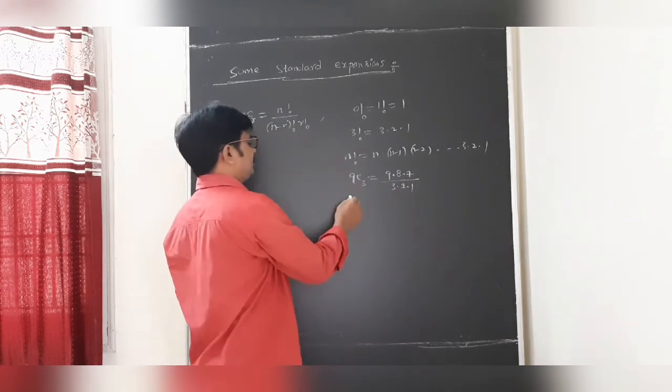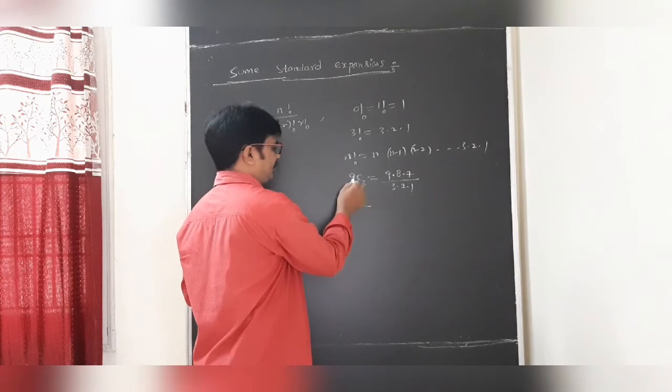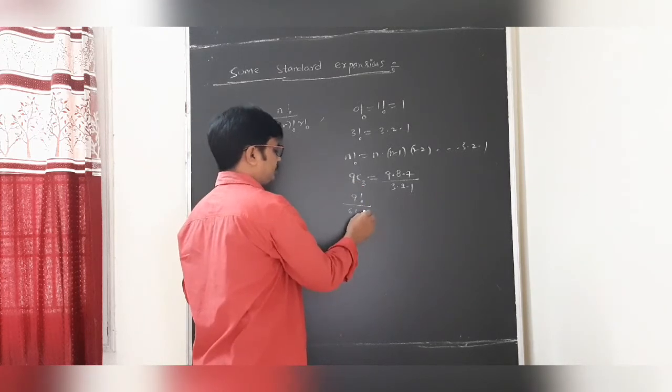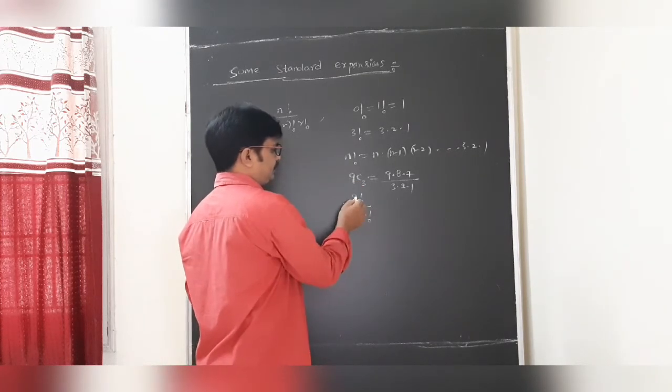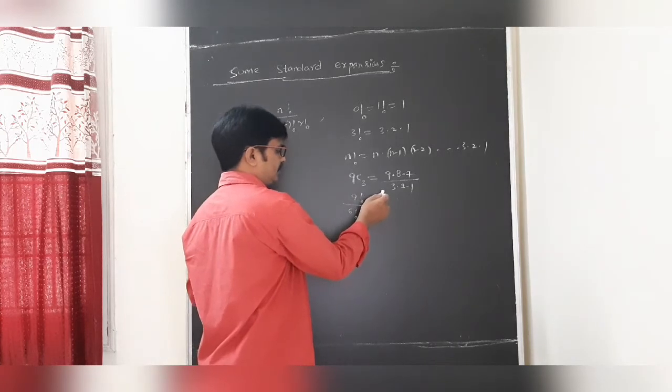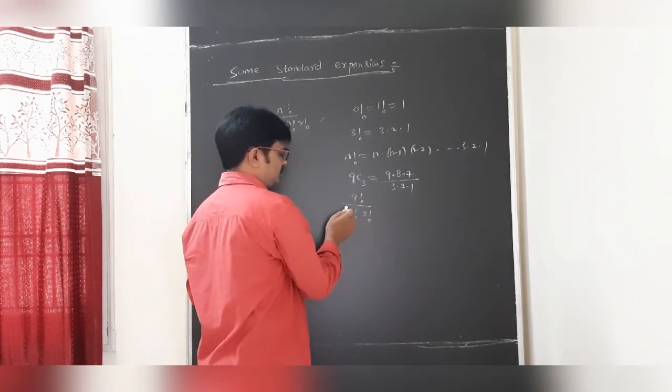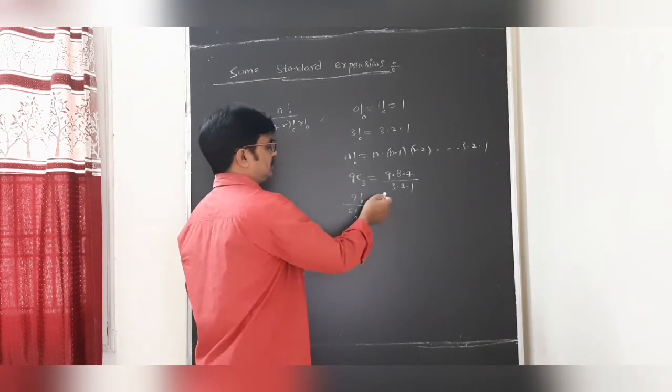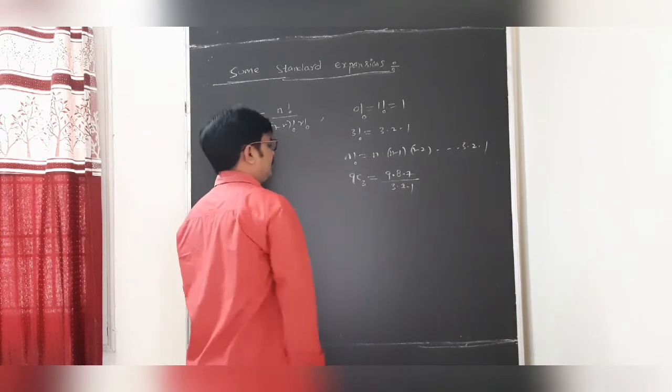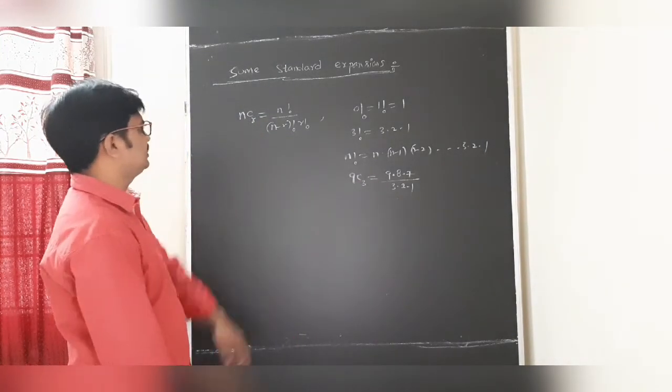Or we can apply the formula also: 9 factorial by (9 minus 3) which is 6 factorial, and 3 factorial. 9 into 8 into 7, 6, 5, 4, 3, 2, 1. Here 6, 5, 4, 3, 2, 1 are cancelled. This is the simplest form. After that, students, this is the NCR.